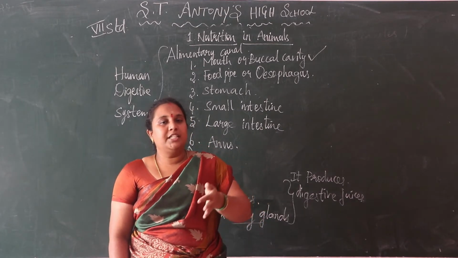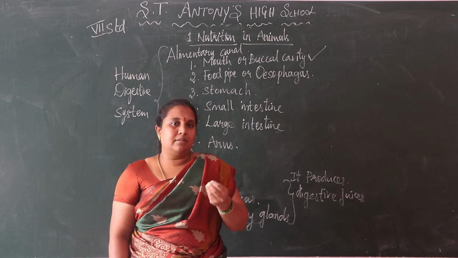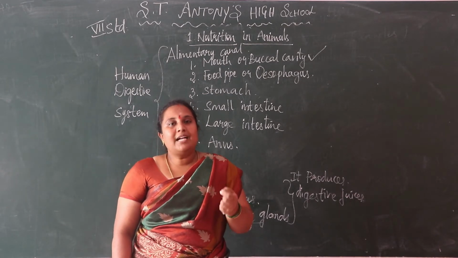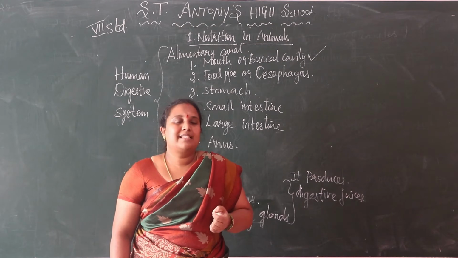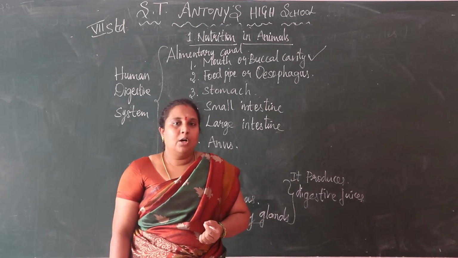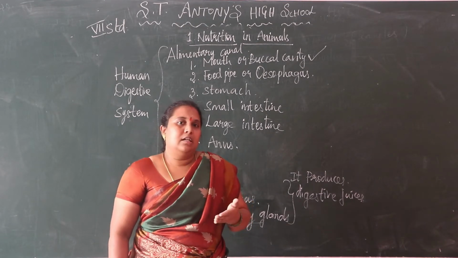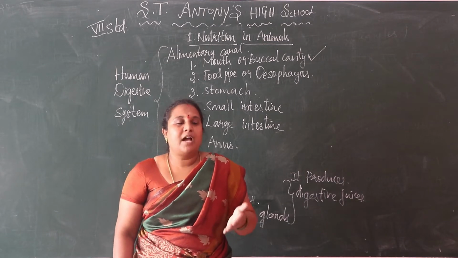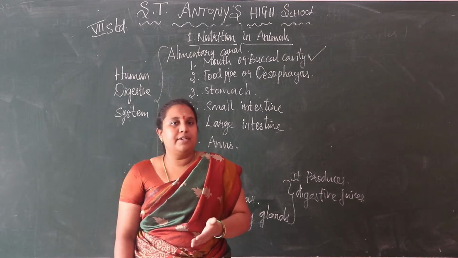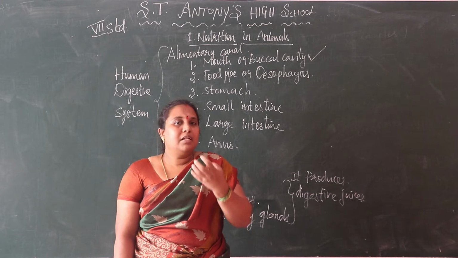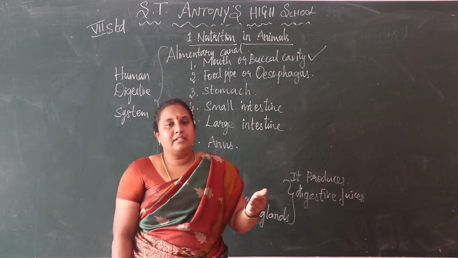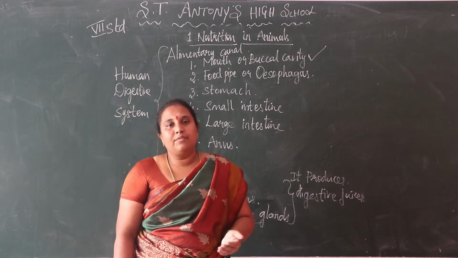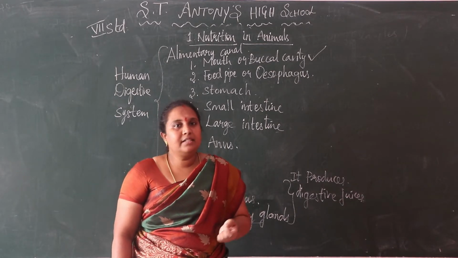After 1 year the teeth grow. Those teeth we call milk teeth. After 7 to 10 or 11, 12 years, the milk teeth fall and the next teeth grow. Those teeth we call permanent teeth.